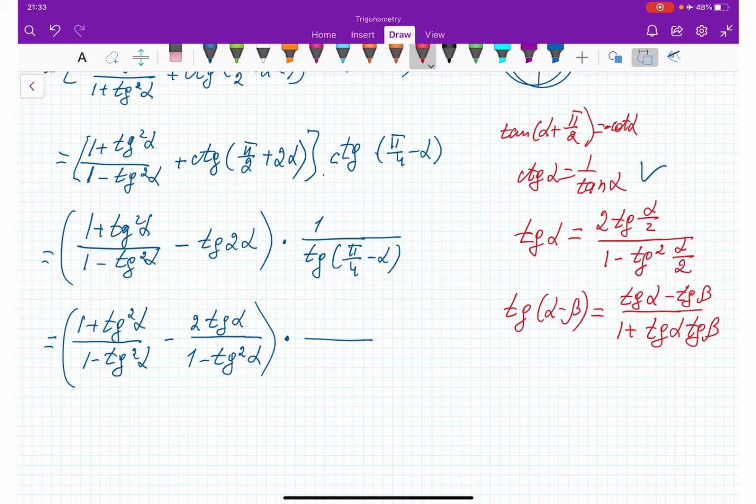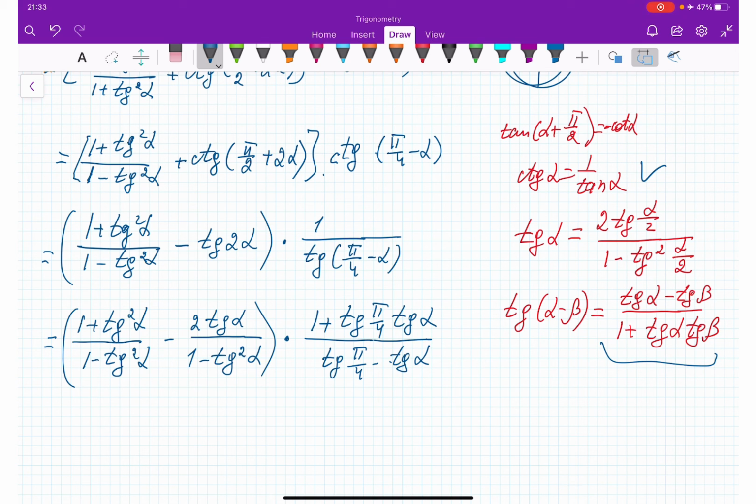Since I have 1 over tangent pi over 4 minus alpha, if I plug this formula here, 1 over this fraction is going to flip, and I will have 1 plus tangent pi over 4 tangent alpha, and in denominator I will get tangent pi over 4 minus tangent alpha.